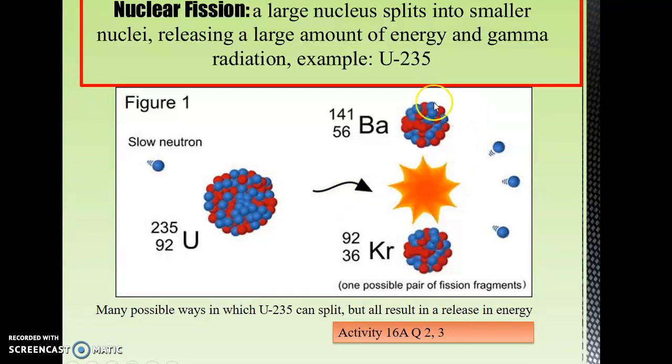That breaks apart and produces barium-141 and krypton, I think it is, 92, as well as some neutrons. So this is one possible pair of fission fragments. It could be a number of different combinations, and that's what I've said down here. But they're all going to result in the release of energy, and that's what this indicates.